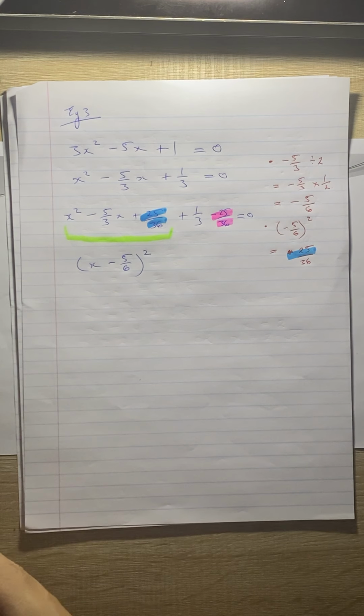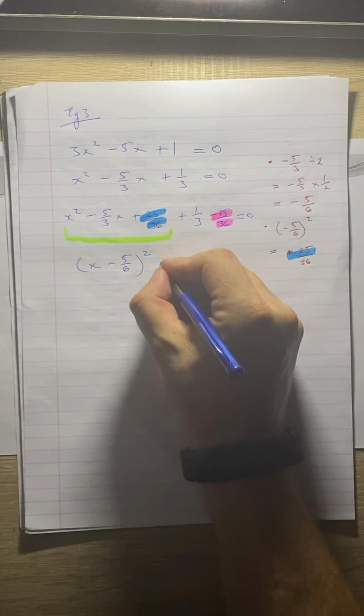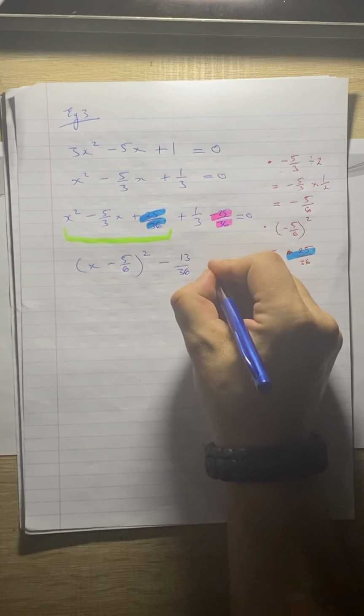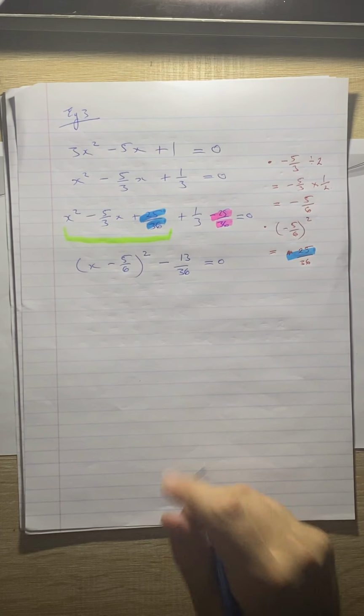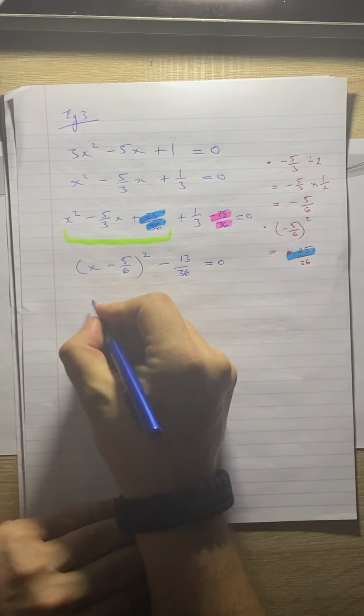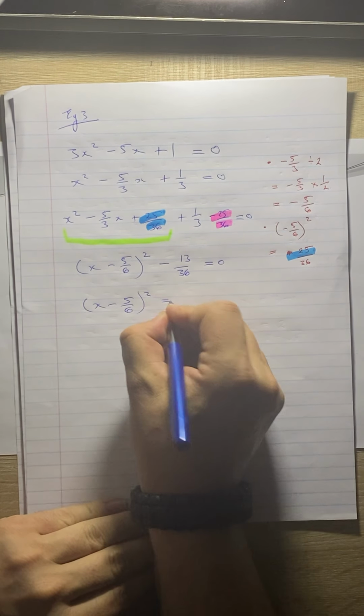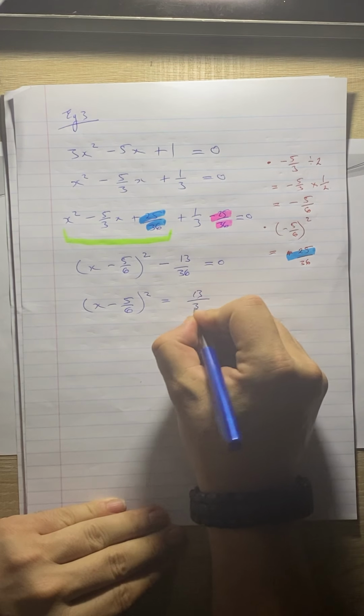So we've got 1 over 3 minus 25 over 36, and we get minus 13 over 36 equals 0. Take this to this side, and we get x minus 5 over 6 squared equals 13 over 36.